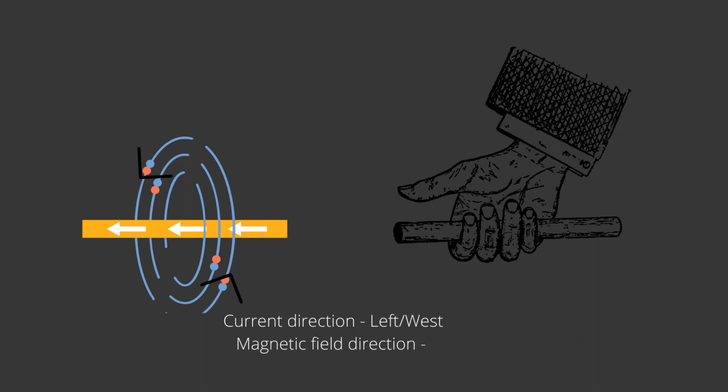So now in the second part where your current is moving from the right to the left, right? So there is your current, it's going this way. You take your same right hand, you hold it, and you see that your thumb is pointing in the direction of the current, and your other 4 fingers are just curling towards the direction of your magnetic field lines, right?